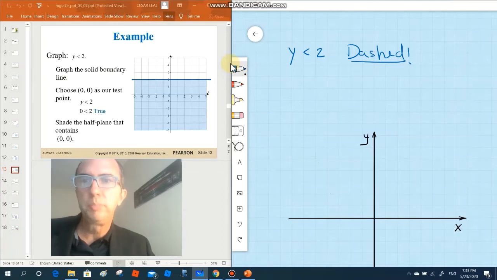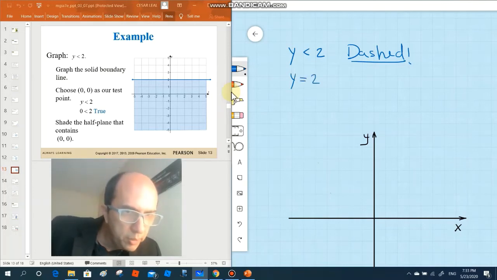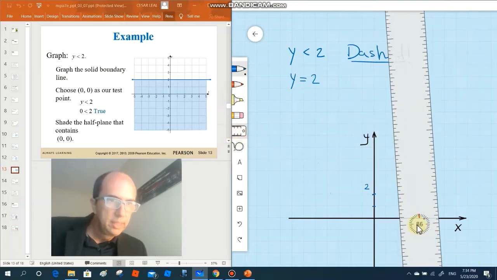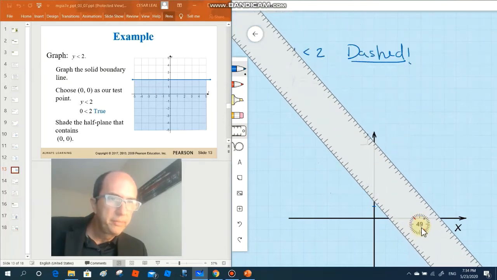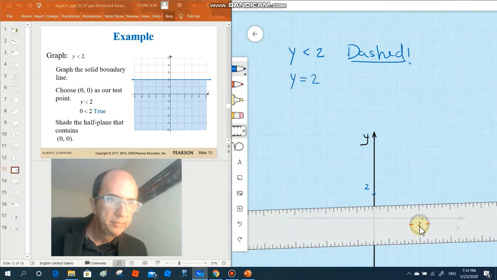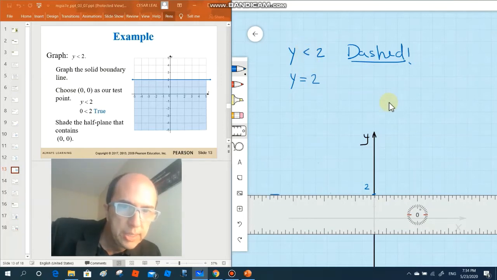Wrong, not solid boundary. The line is going to be y equals 2. Let's go here, 1, 2. And this is the boundary, a horizontal line, y equals 2. Now remember, check the inequality again. I'm pretty sure it's dashed.